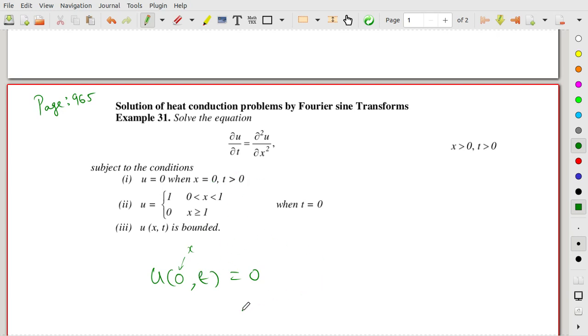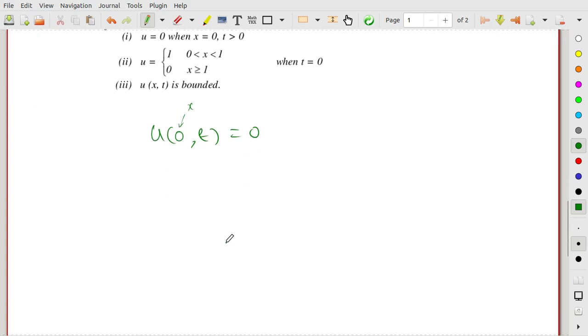They also provided that u of x comma t equals 1 when x is less than 1.